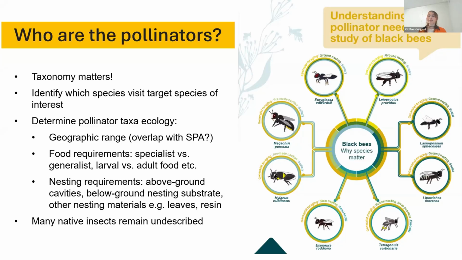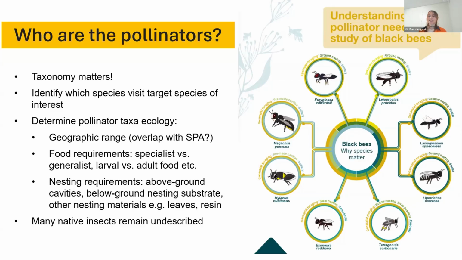The problem with this very broad approach that doesn't consider taxonomy is that, say, in this little diagram that I created, these are all black bees, but they have very different nesting habits, specialization, ecologies, ranges.